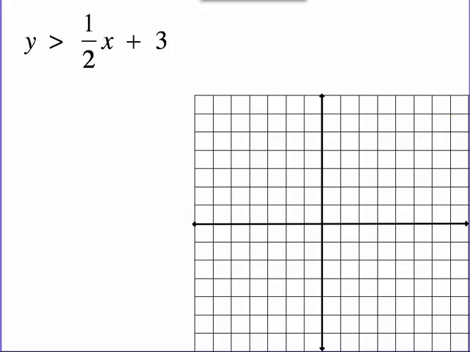This one says y is greater than 1/2 x plus 3. This one's nice because it is already in slope-intercept form. What's my slope? 1/2. What is my y-intercept? 3. So I'm going to start by putting a dot at 3.